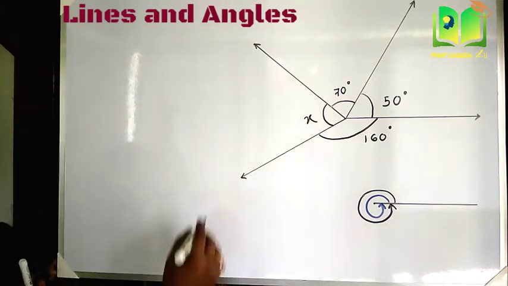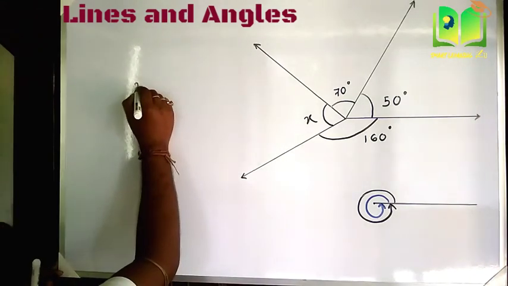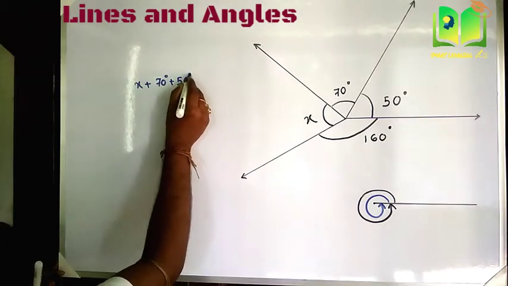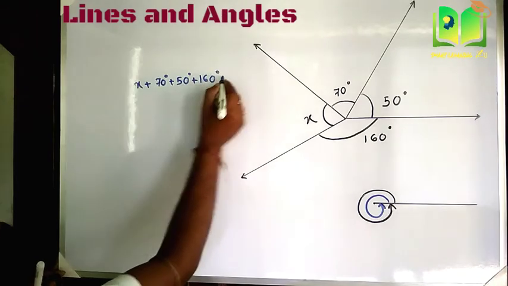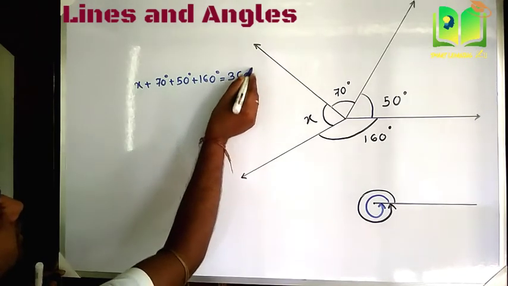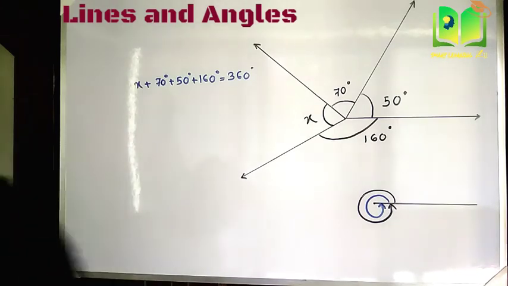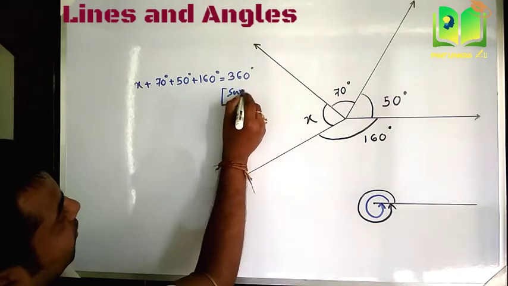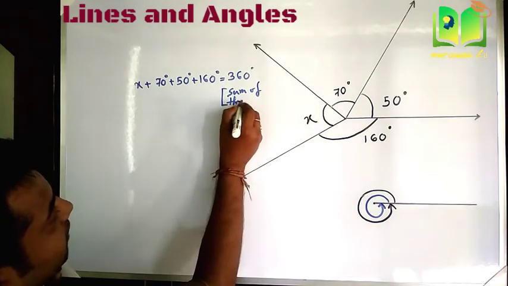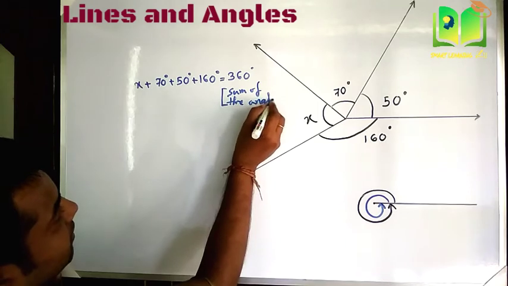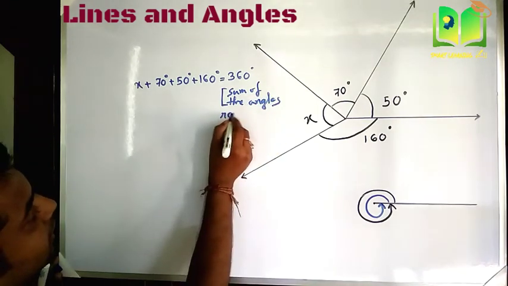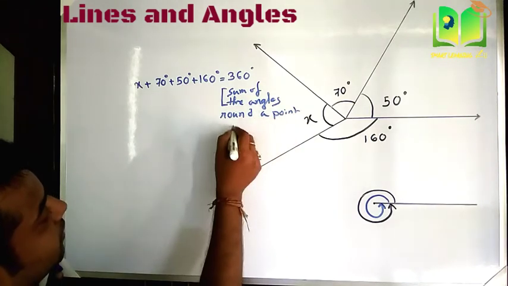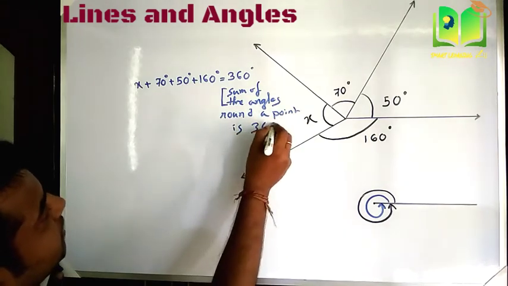So from here we can write x plus 70 degree plus 50 degree plus 160 degree equals 360 degree. Within bracket we write sum of the angles around a point is 360 degree.